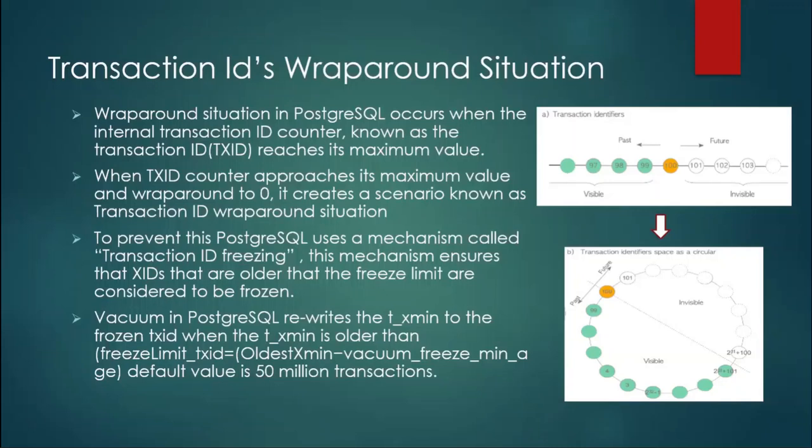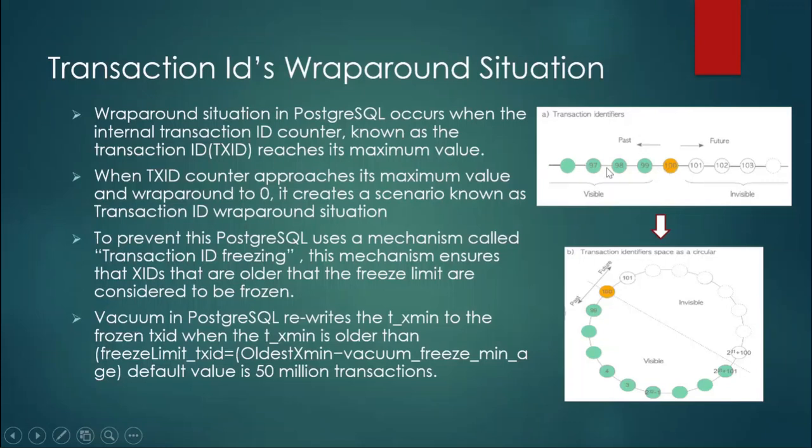The transaction ID freeze operation is automatically taken care of by the vacuum process. There is a parameter called vacuum_freeze_min_age, and the default value of this parameter is 50 million transactions. Whenever it reaches this limit, the autovacuum process will do a transaction ID freeze. So what is a transaction ID freeze? In this example, these are the past transactions and these are the future transactions.